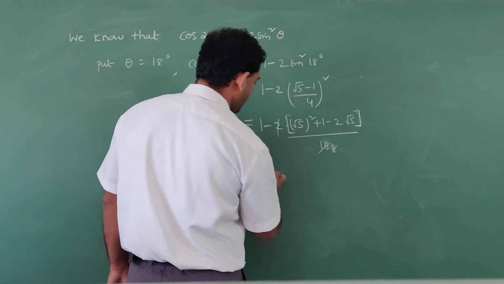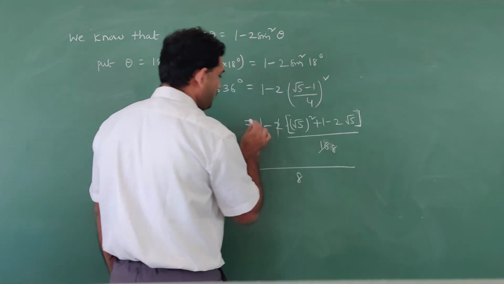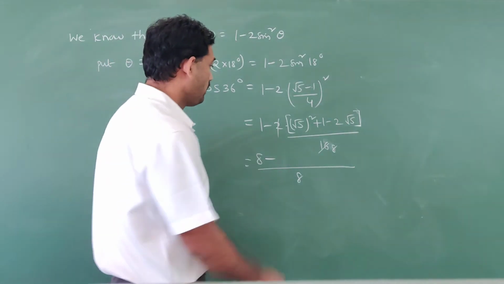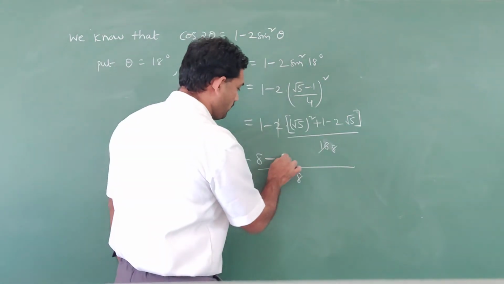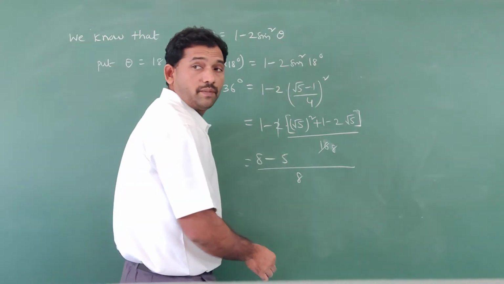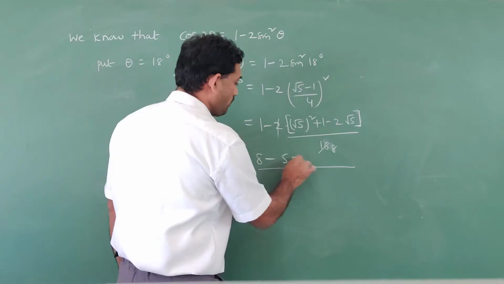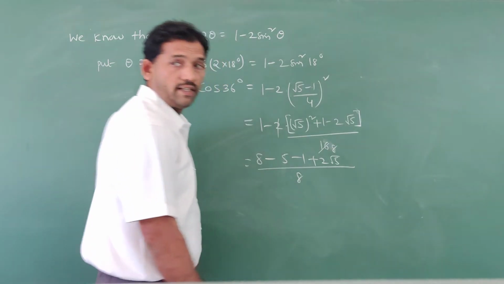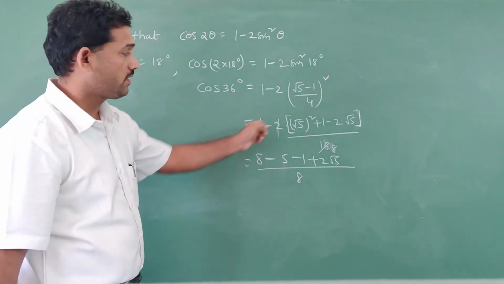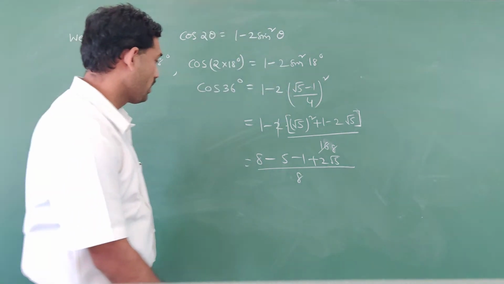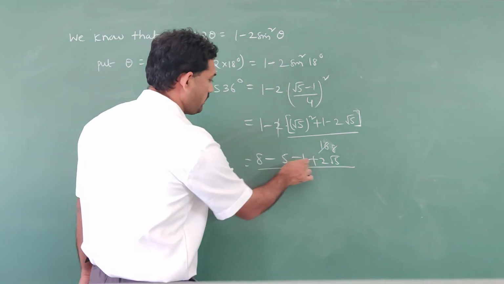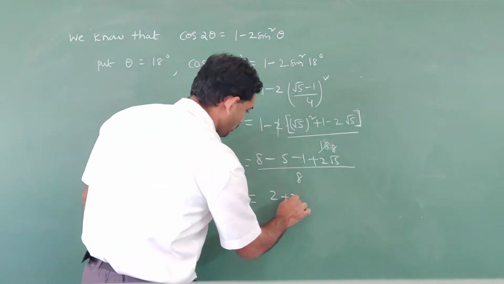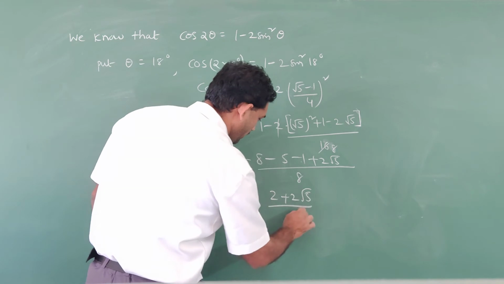Now the LCM is 8. So root 5 whole square is 5. Next, minus is multiplied, so minus 5, minus 1, plus 2 into root 5. Now this is 8 minus 6, which is 2. So 2 plus 2 root 5 divided by 8.